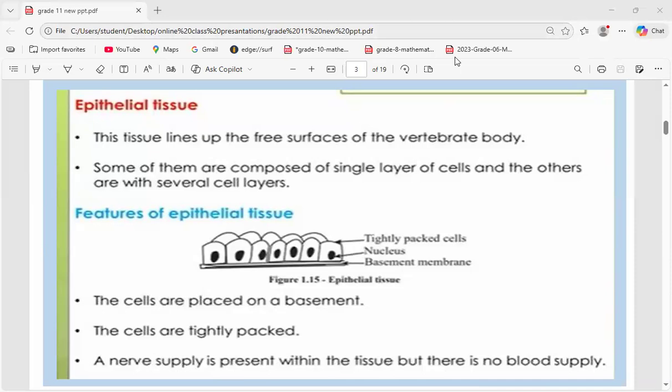This is a very important point. The nerve supply is present; there are many nerves in it, but there is no blood circulation in the epithelial tissue.